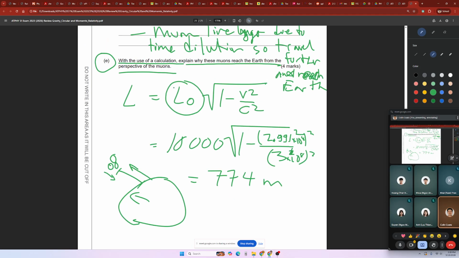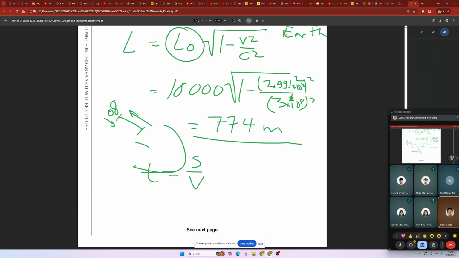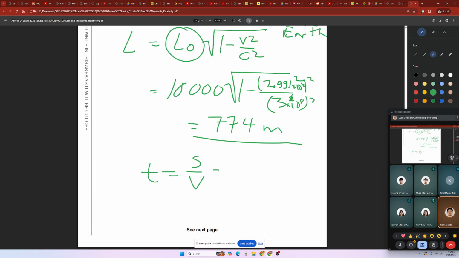And then we're asked to explain, okay, so that's the distance it seems to travel based on the length contraction of that distance. So once we know that, we can find out the time it takes for it to travel that far from its perspective, yes?